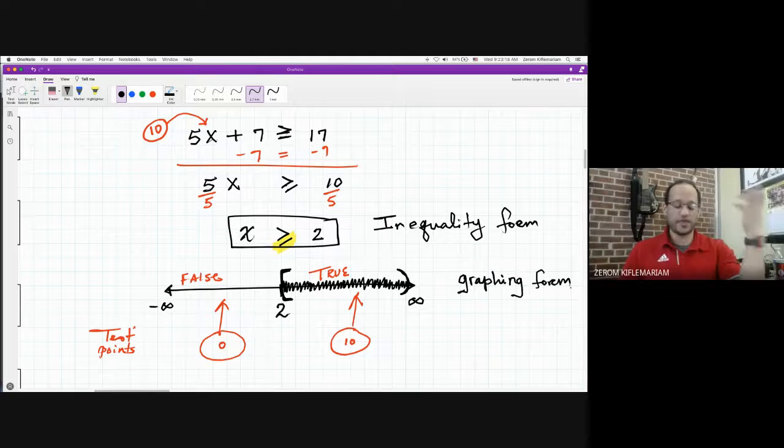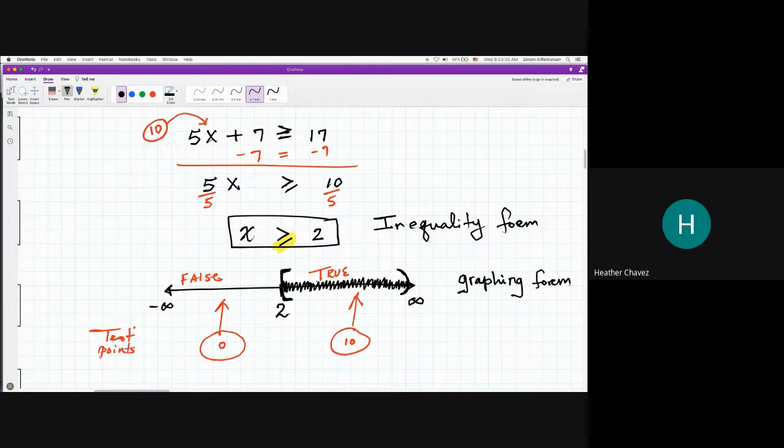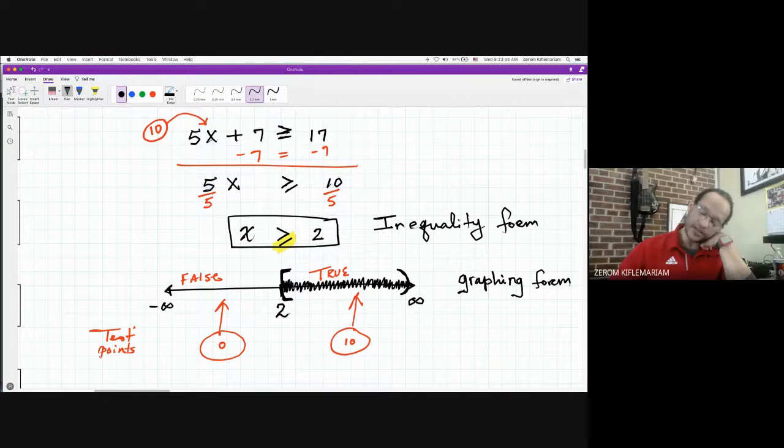And then the shaded area starts where? Heather, help me. From what number to what number is shaded? To infinity. So look at this.